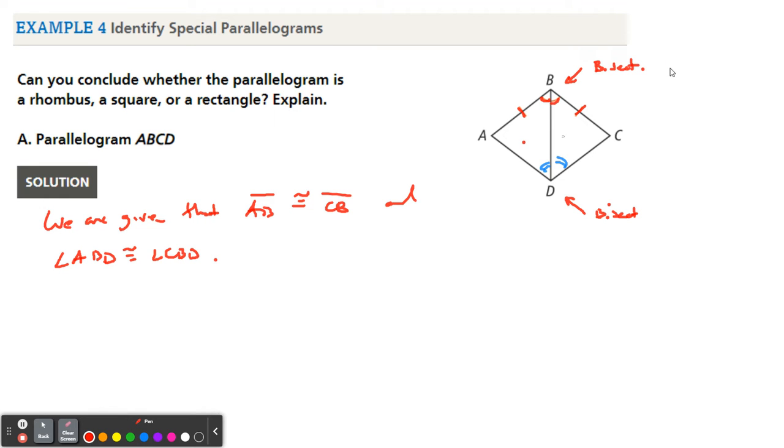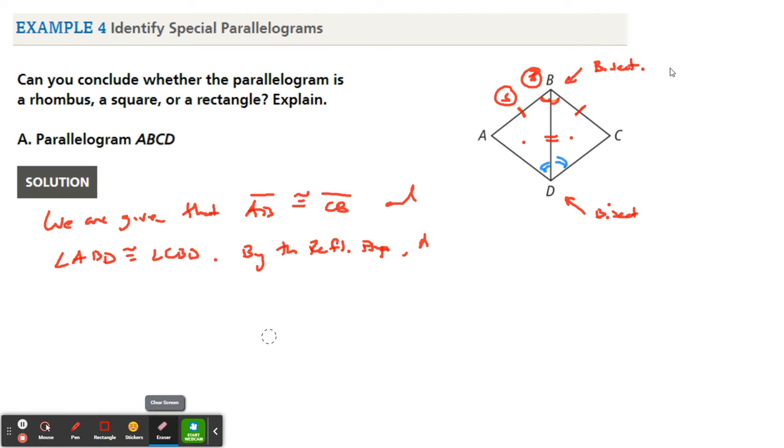Well, how are we going to do that? I think we can prove these two triangles are congruent. I have a side pair, I have an angle pair. They share side BD, by the reflexive property, BD is going to be congruent to itself.